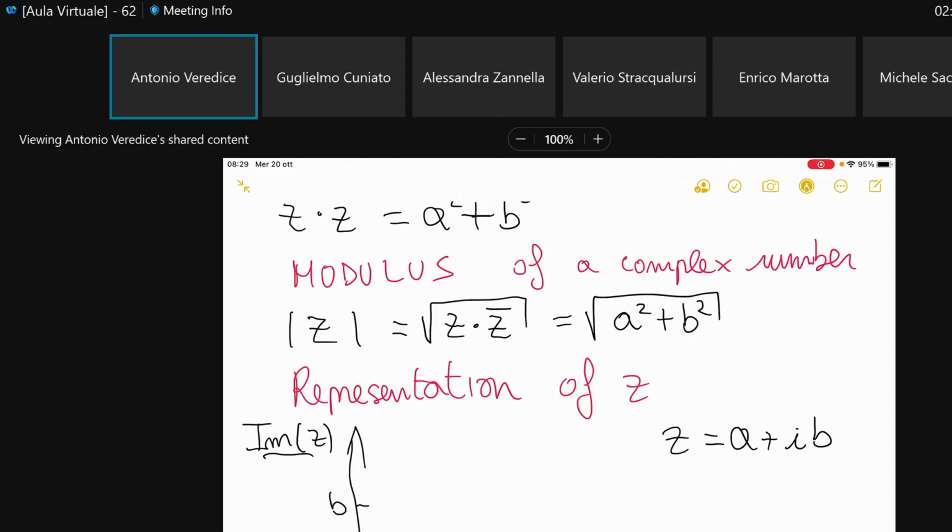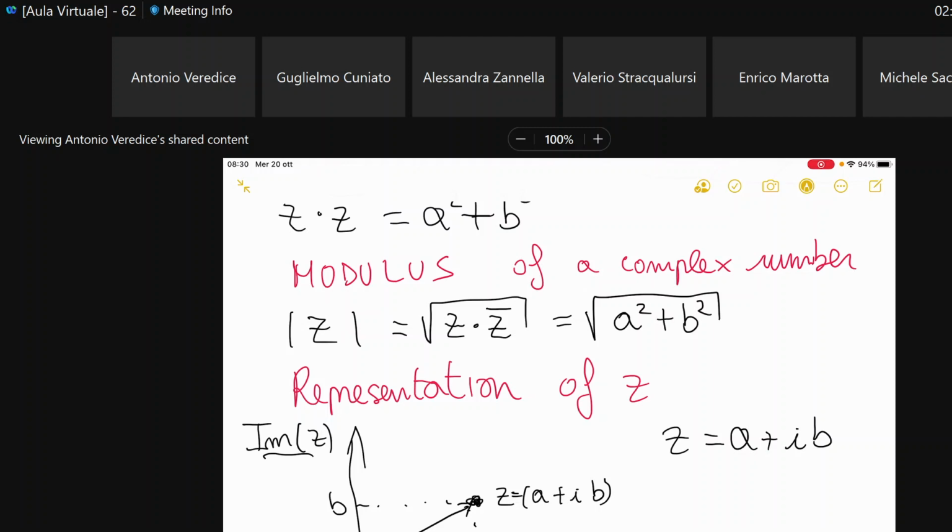So you have a point in this plane. Sometimes it's called the Argand-Gauss plane, since Gauss is one of the first mathematicians to represent complex numbers on the plane. So I can consider this point like Z, A plus iB. And if you want, this is like a vector.